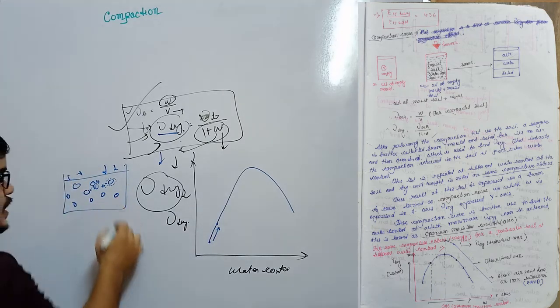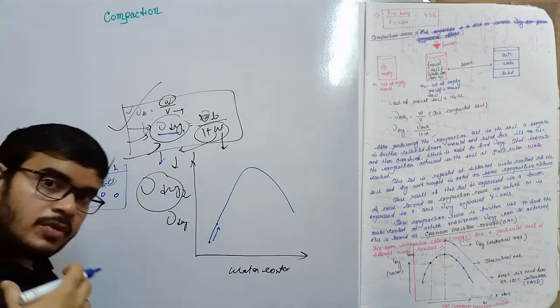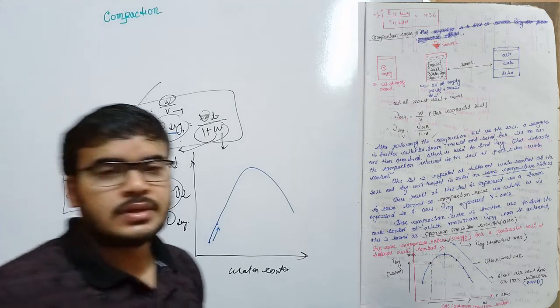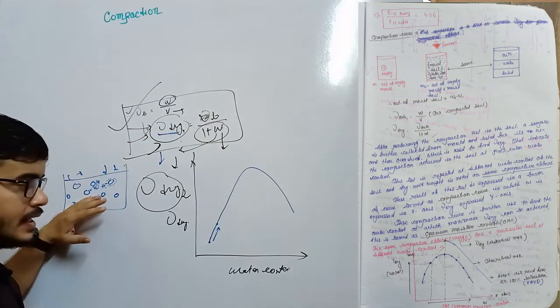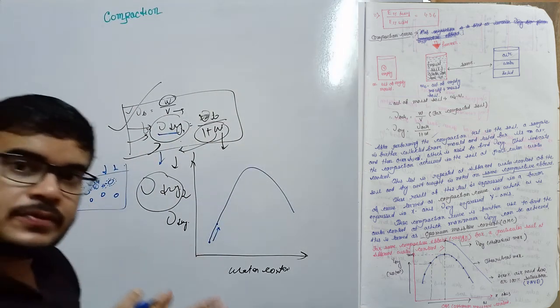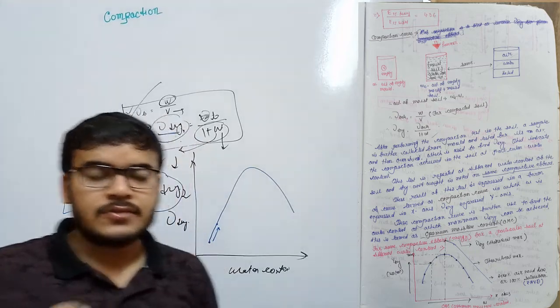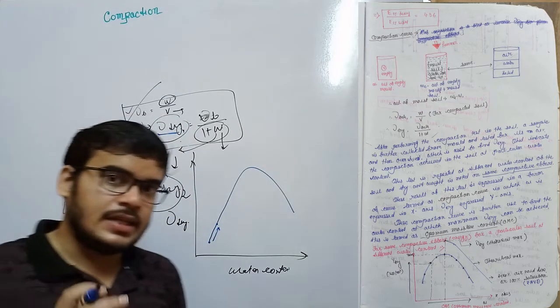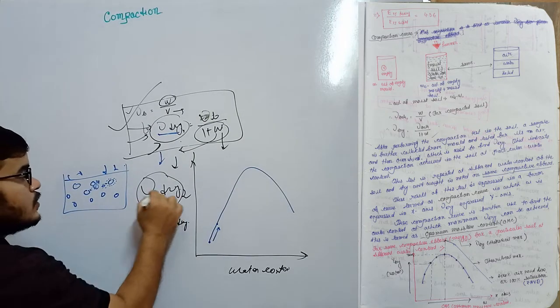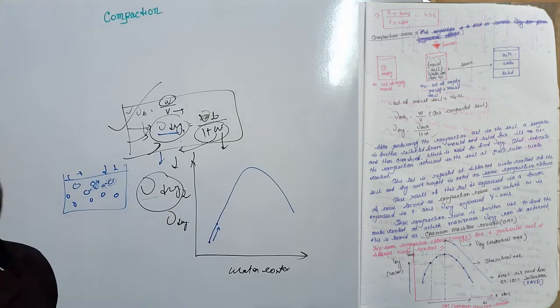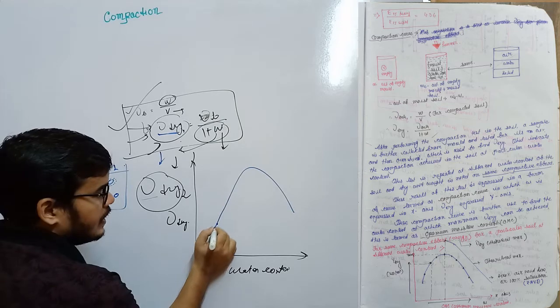That's why more air can be reduced by compactive effort. As the volume decreases in comparison with the previous case, the unit weight is increasing. That's why the curve is like this.